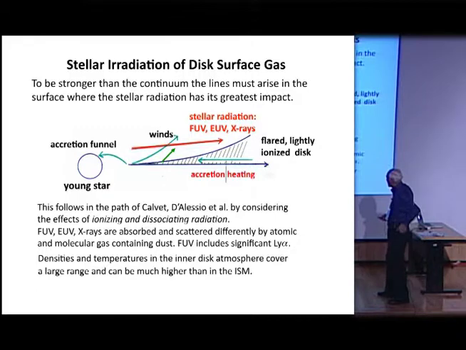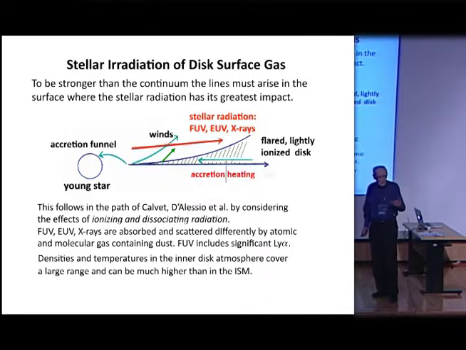Now, one other comment that I should make is that, in addition to the fact that all these radiations are different in the sense that they interact with matter in different ways, the densities that we're talking about here are very high compared to, say, dense cores and the general interstellar medium.